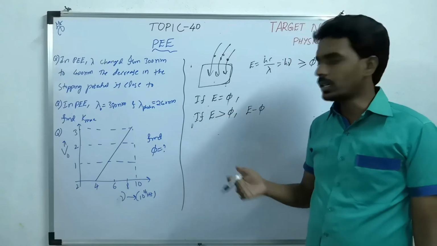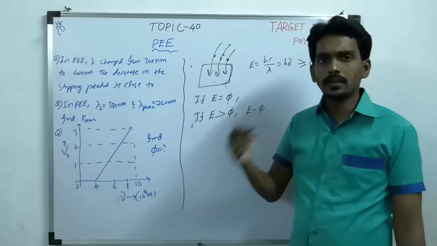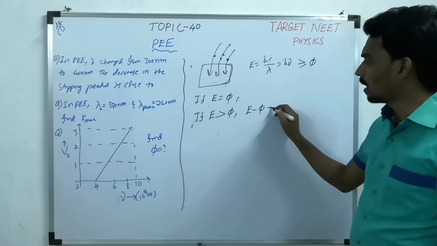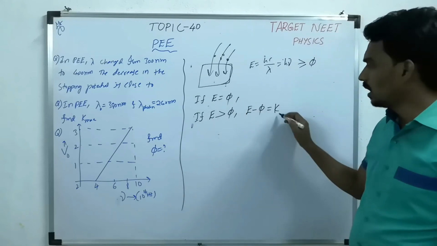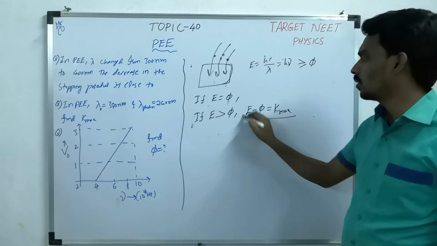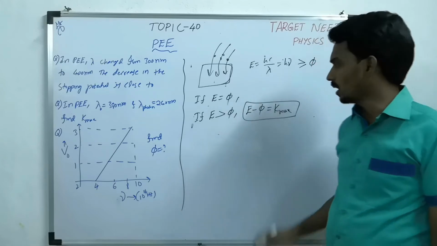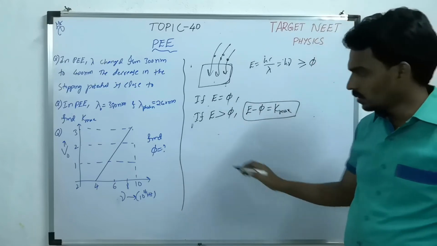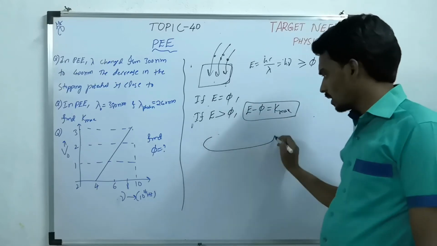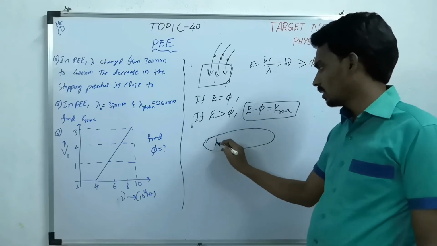That 5 units of energy will be given to the emitted electron in the form of kinetic energy, and that kinetic energy is called the maximum kinetic energy.